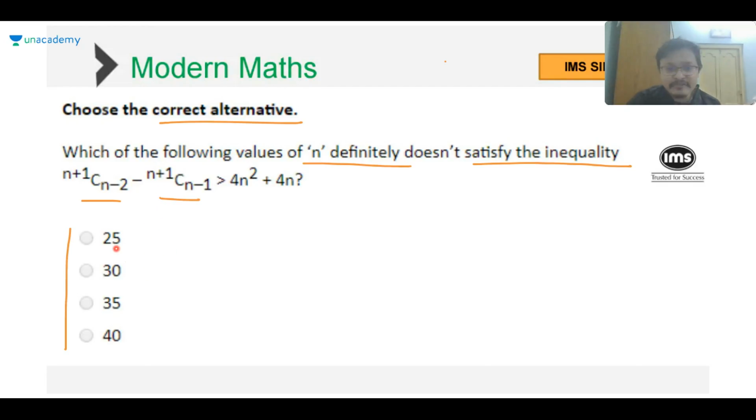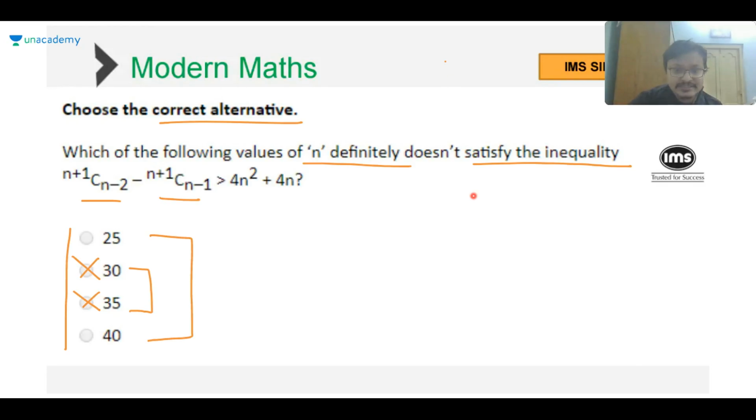Now, I have a question for everybody. Can the answer ever be 30 or 35? The answer is never. In not just this question, any question on inequalities, always look at extreme options only. Why?